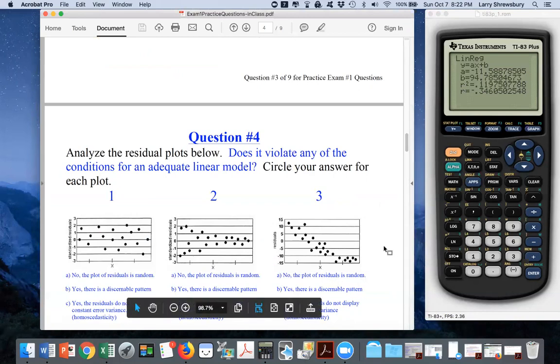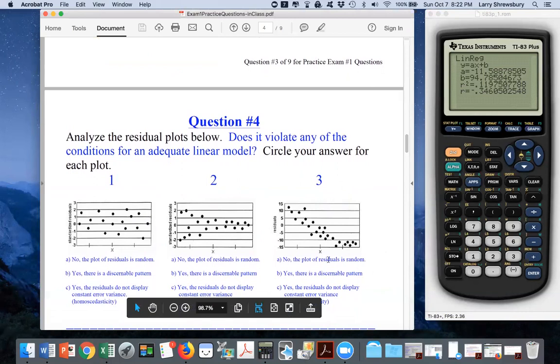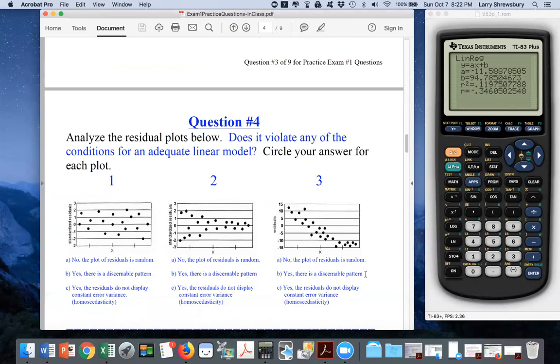It's the same for all of them, saying that no, the plot of residuals is random. There's nothing wrong with this residual plot. Or the answer could be yes, there is a problem. That problem is there's a discernible pattern. Or the problem is yes, there is a problem with this residual plot, and that problem is the residuals do not display constant error variance.